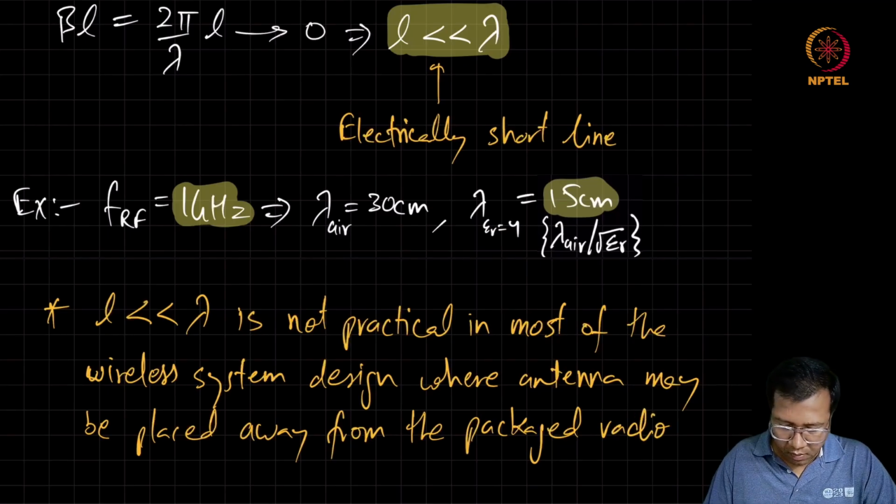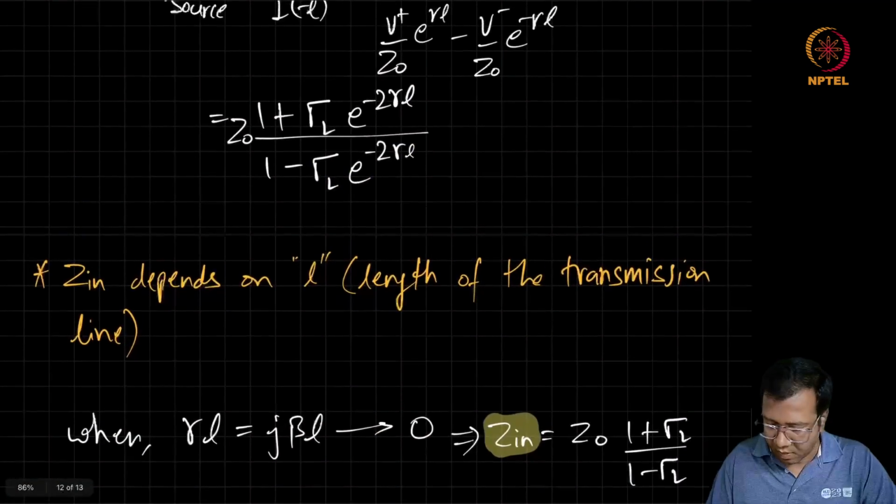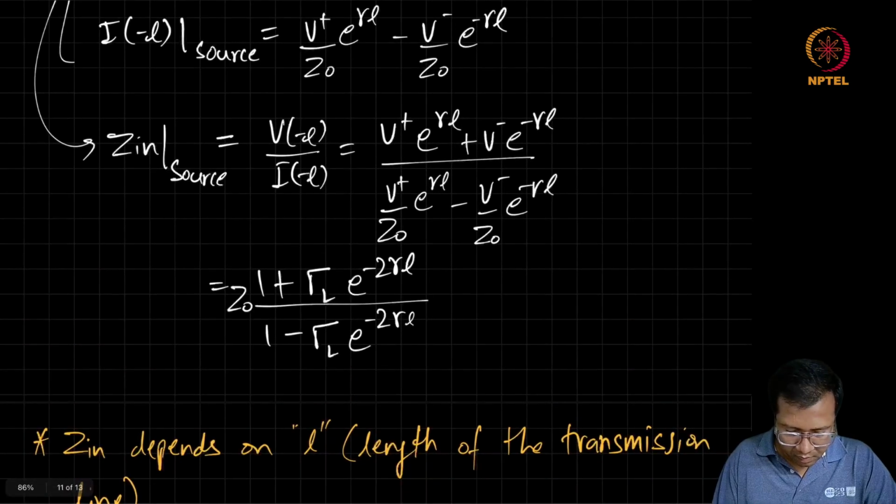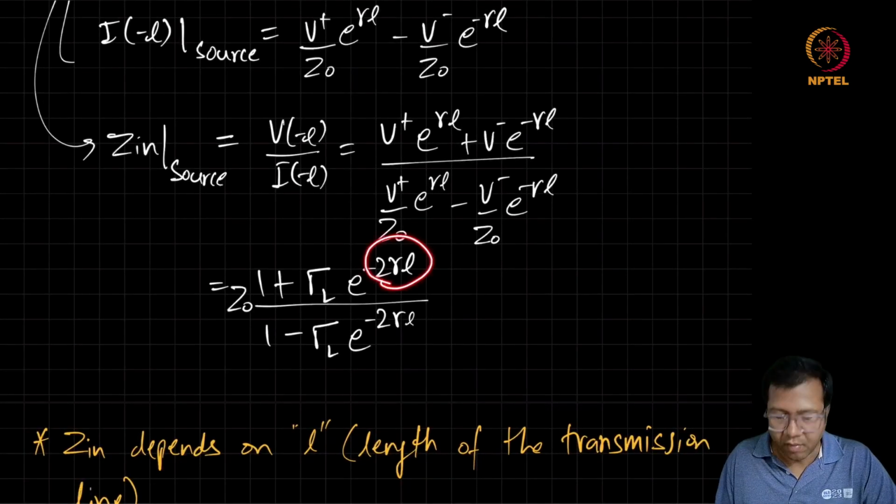So this is not feasible, where we can just ignore this term and get an input impedance which is independent of the length of the line.